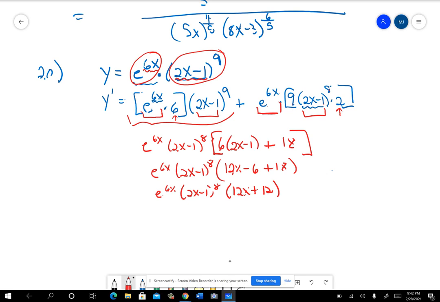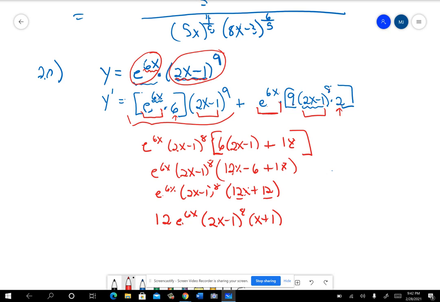And then I guess maybe I could factor further, pull the 12 out of that, keep the e to the 6x, keep the 2x minus 1 to the 8th, and then I'd have an x plus 1 factor as well.